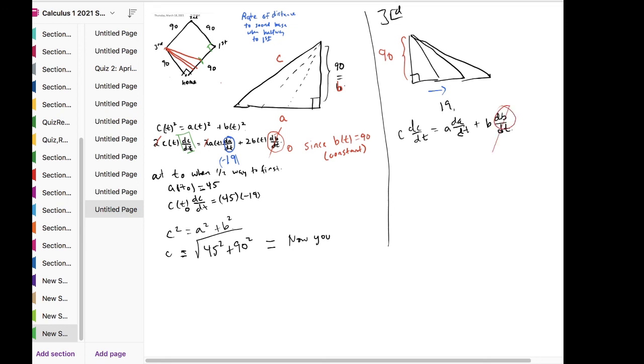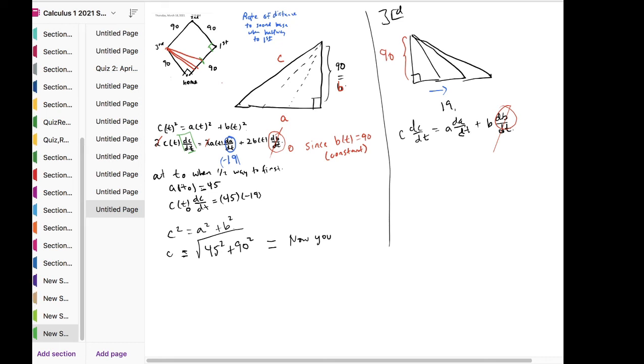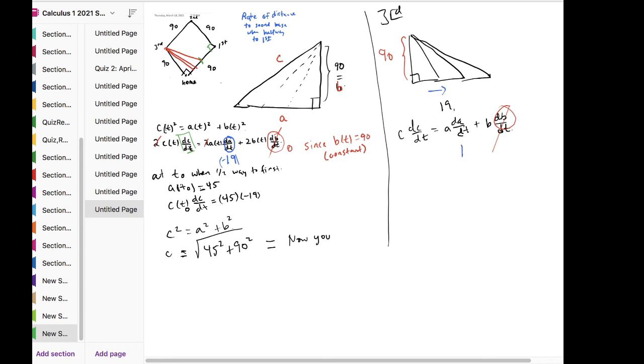This is 19. This is 45. And this would be the same thing, but positive.